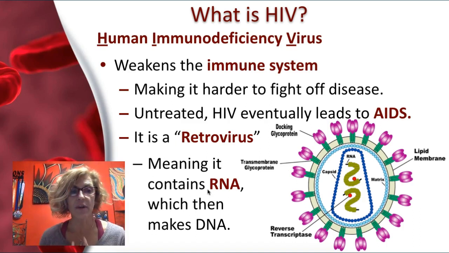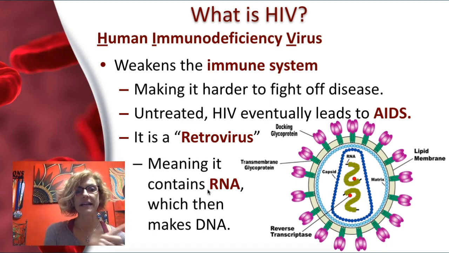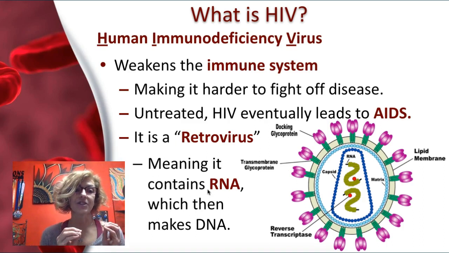The problem with that is that reverse transcriptase does not have the proofreaders that DNA does. So every time it's going from RNA to DNA, it makes genetic errors that are not corrected.